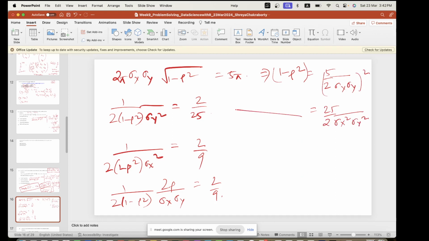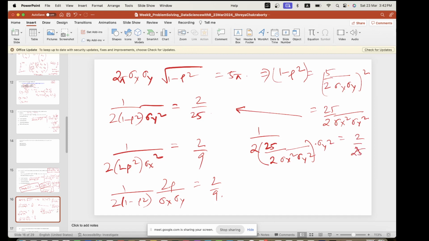Substituting here, what do I get? 1 by 2 into 1 minus rho square is 25 by 2 sigma x square sigma y square, into sigma y square, equal to 2 by 25.